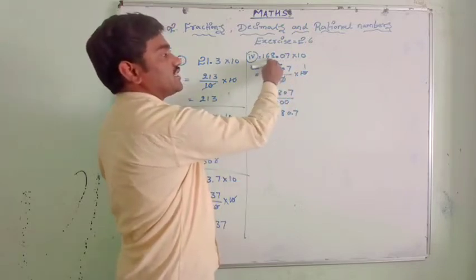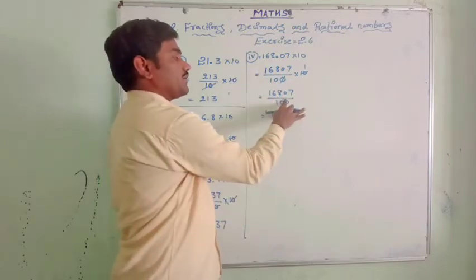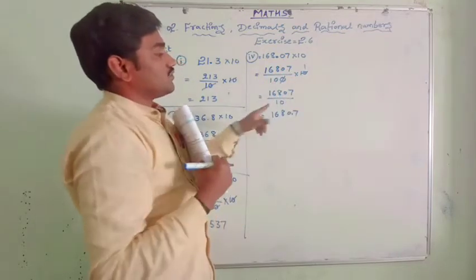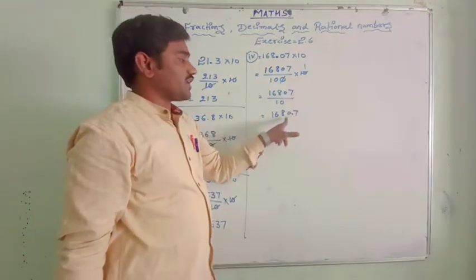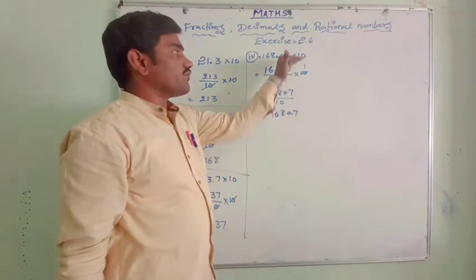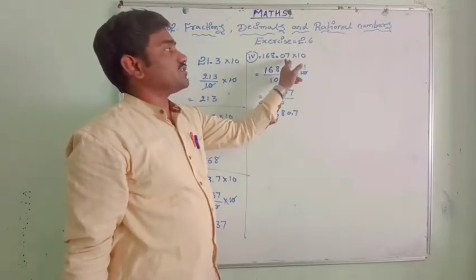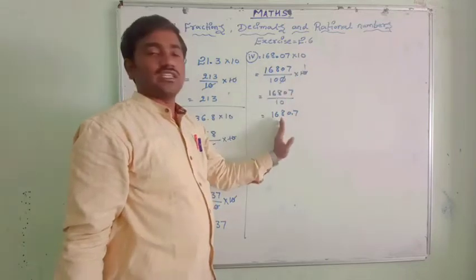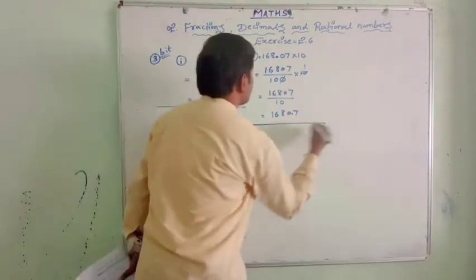See, this decimal we changed into a fraction, and the fraction we are changing into a decimal. So in the denominator there is only 10, so we count one digit from the right side and put a point. Or else if you feel this is difficult, directly you multiply 168.07 into 10, and directly you get this answer. Or else let me do it in that method only first.